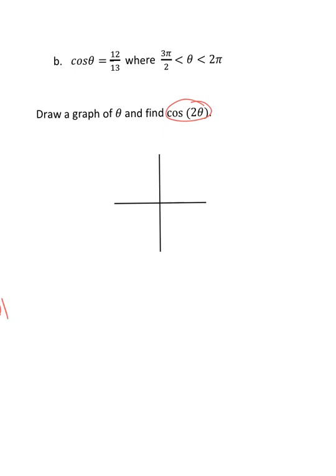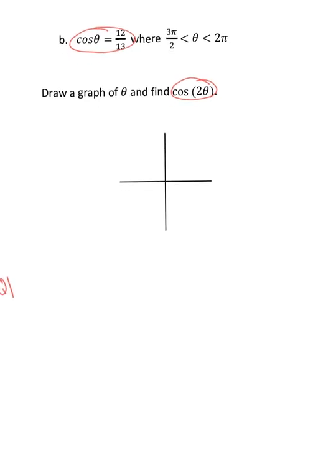Look for the one that only involves cosine, because you were already given that piece of information, and if that's all that formula needs, then you don't have to go through a whole bunch of other work to find out. So cosine of 2 theta, looking at the formula that just involves cosine, is 2 cosine squared theta minus 1. So I'm just going to replace that cosine squared theta with the 12/13, and I'm going to square that.